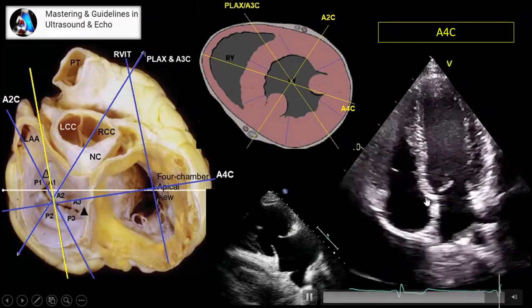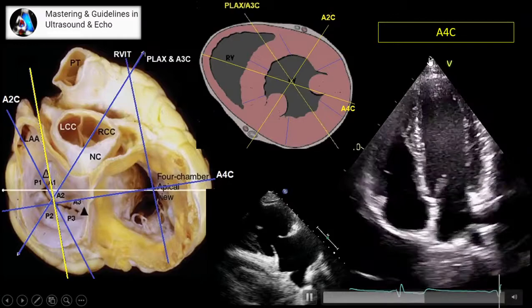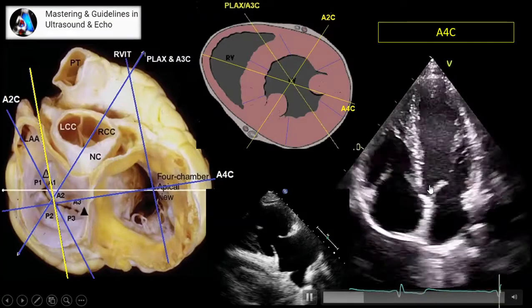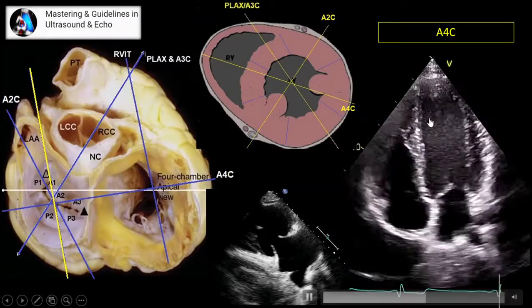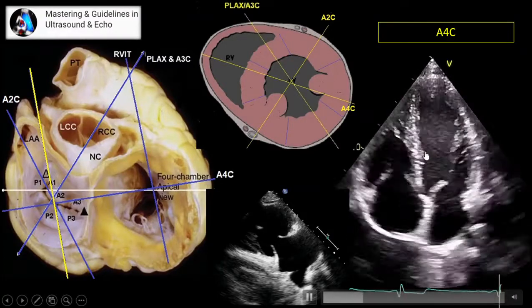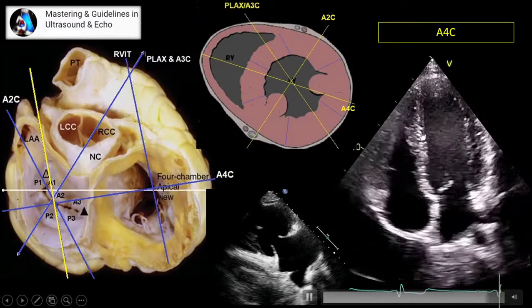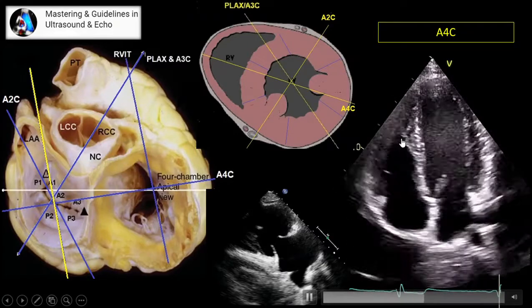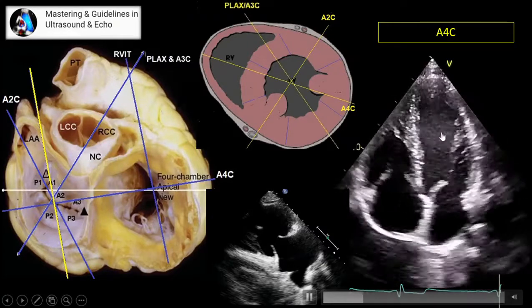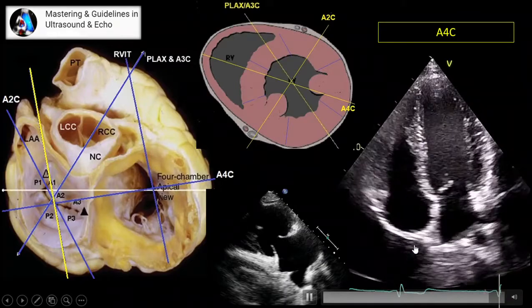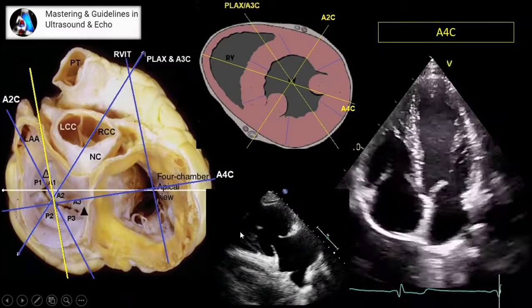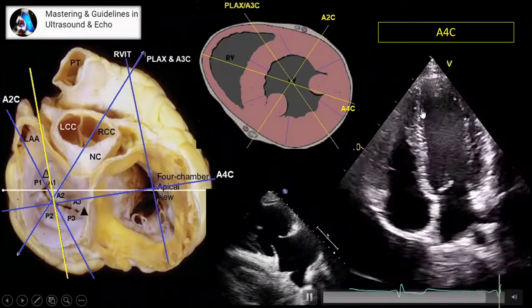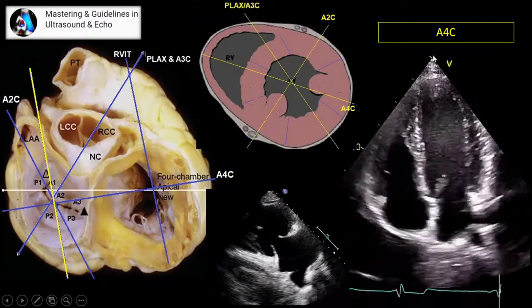The septum should be almost vertical, and keep it at the center of the sector. For example, in this image, the septum is a little tilted to the left side of the monitor. To fix this, just slide your probe a little to your left or medial of the patient, so the septum moves to the center.